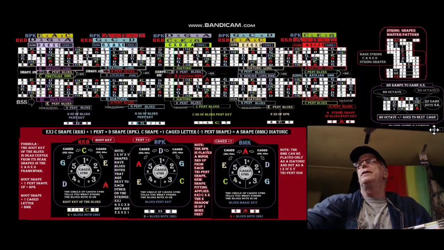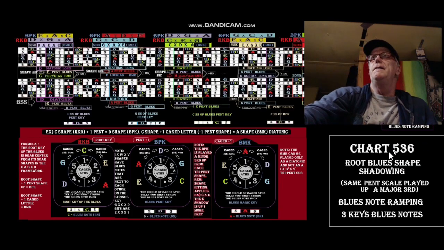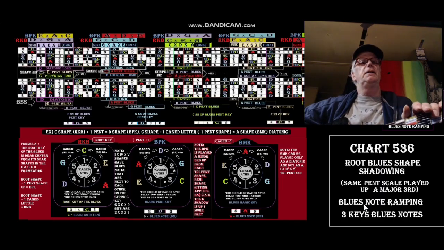So now this is the chart of the century. I mean, this is it. Chart 536: Root shape shadowing. Same pent scale, played up a major third. So we're going to find an easy way to play that blues pent key.